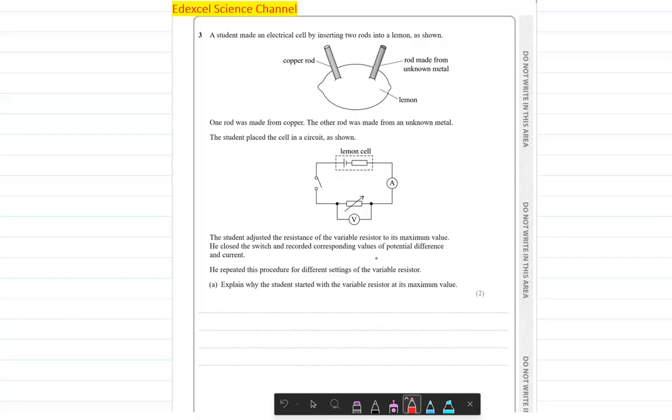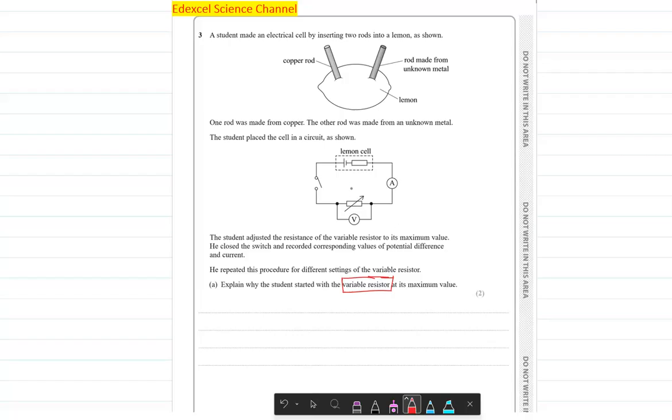So when you face this question, the first question that should come to your mind is, what is the purpose of a variable resistor? Or more simply, what is the purpose of a resistor? The purpose of a resistor is to control the flow of current. And the purpose of a variable resistor is to control the resistance itself.